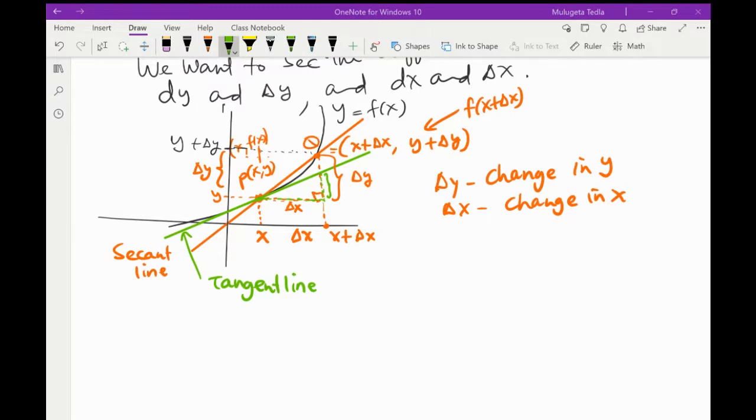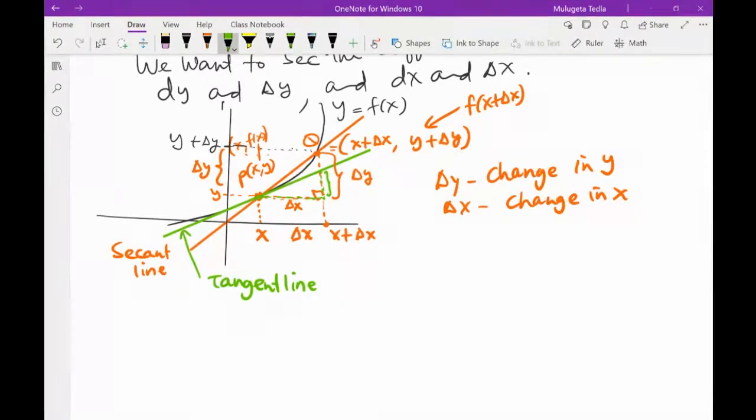Okay, what is the slope of that green line, the tangent line? In theory, the slope of the tangent line is dy by dx, isn't it? So for the tangent line, the slope is actually, by definition, dy by dx. So this must be the rise. This must be the run for the tangent line. So the rise is dy then.